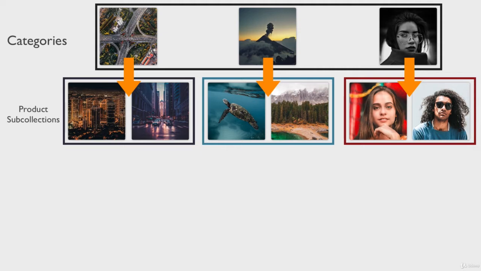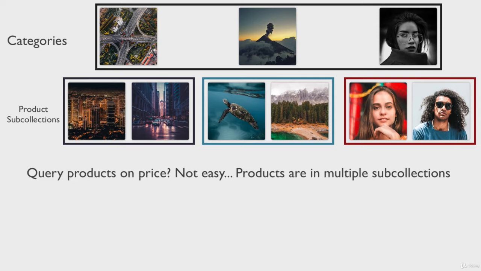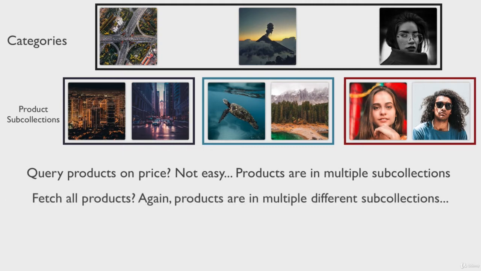However, remember that Firestore queries are not able to fetch data across separate collections. So for instance, say you wanted to query your products based on price instead of categories. Well, you have your products in two different collections, and it's not going to be easy to do that. Or maybe you want to add something into your admin app where you want to see all of your products quickly.